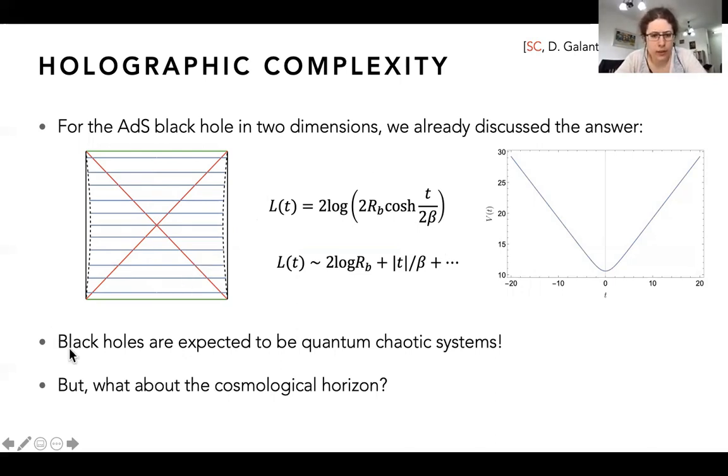People take this to say that black holes are expected to be quantum chaotic systems. But you might ask the same question about the cosmological horizon. So what about the cosmological horizon?